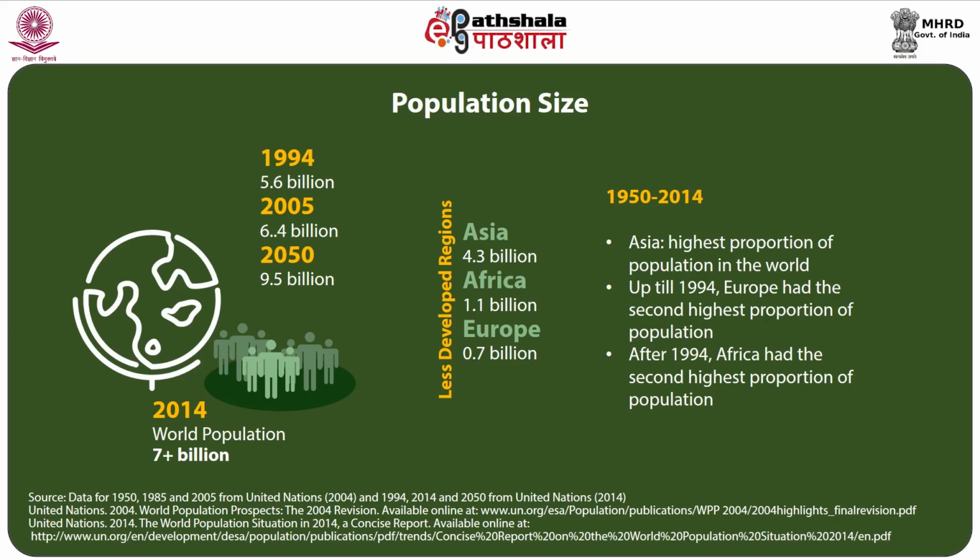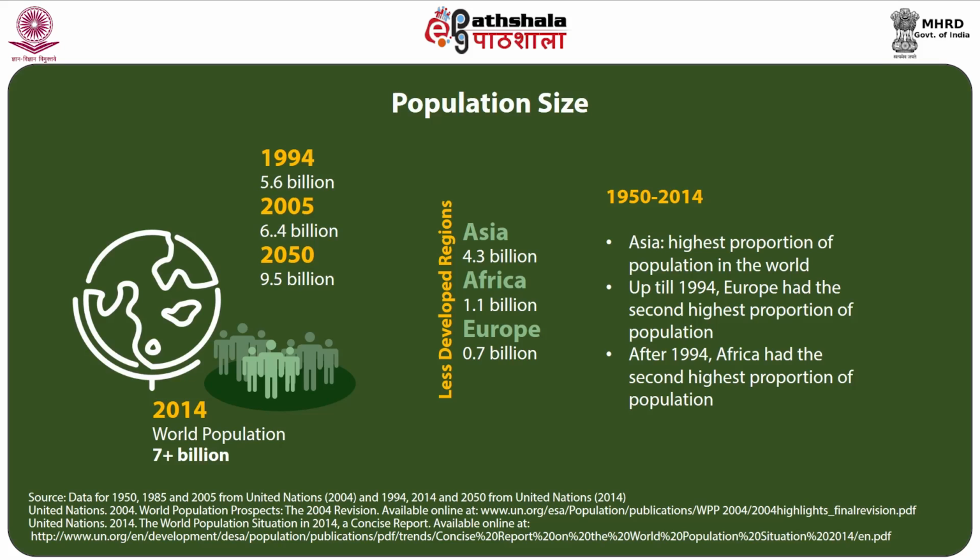If we focus continent-wise, the highest proportion of the population is in the Asian region. Up to 1994, Europe had the second highest proportion of population, which is almost a 3-time increase from 1950 of 2.5 billion.